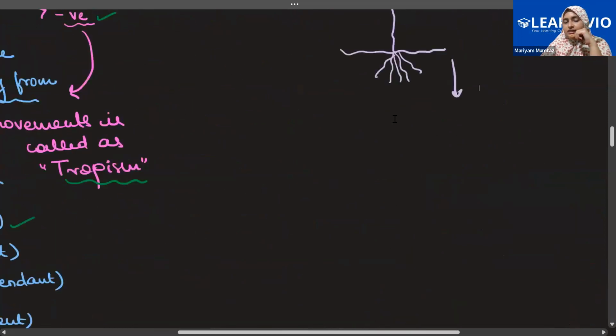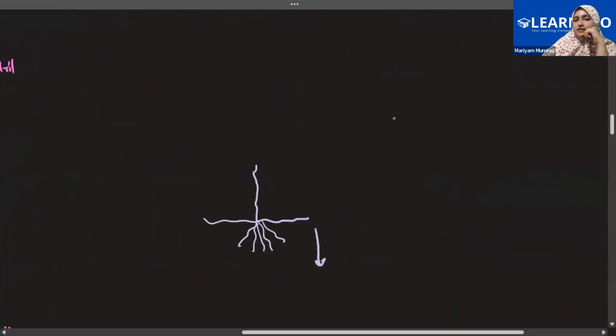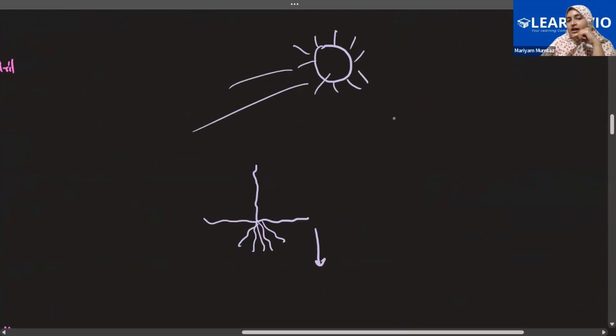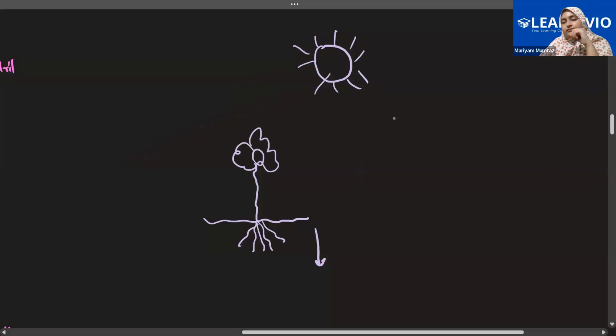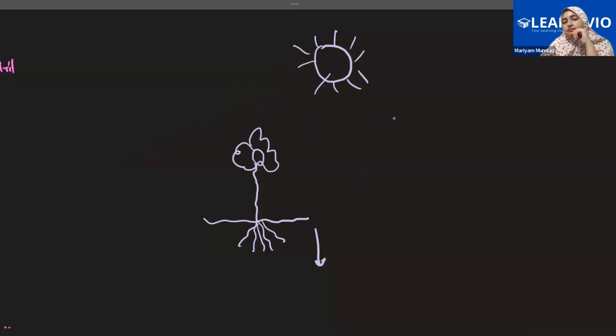Now coming back to this. Here is the sun. Clear? Here is the sun. The sun will shine and the whole sunlight will go everywhere, right? Now, where would the stem grow? Towards the sun or away from the sun? Towards the sun. Everyone agrees to that? Yes. What about the roots? Would they grow towards the sun or away from the sun?